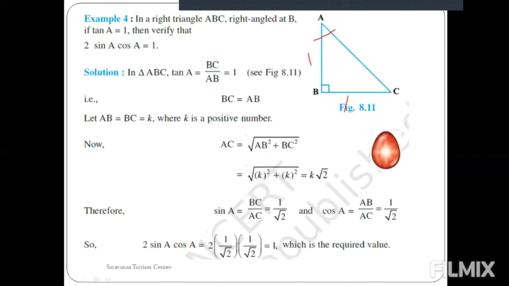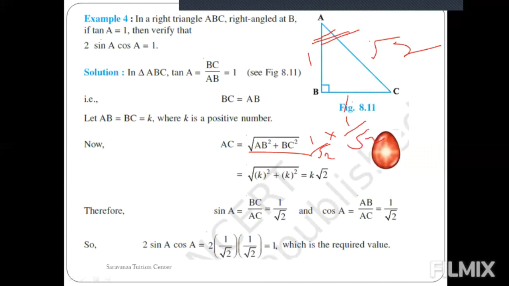AB square plus BC square equals AC square. So AB square is 1, BC square is 1. So AC square will be 2, AC is root 2. Okay, so now sine A, from this angle, sine A is opposite by hypotenuse, that is 1 by root 2. And cos A is adjacent by hypotenuse, that is 1 by root 2.